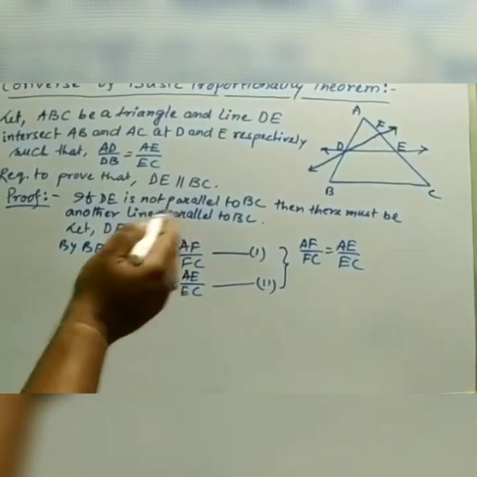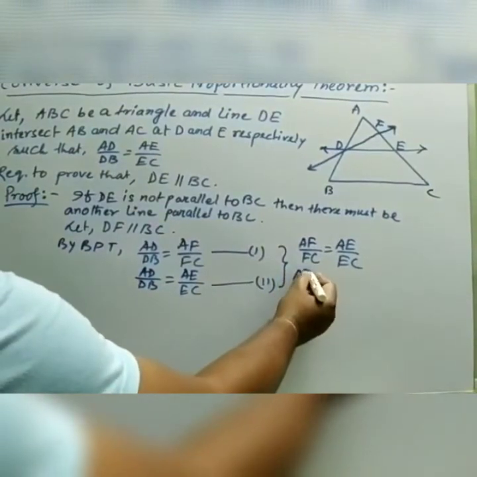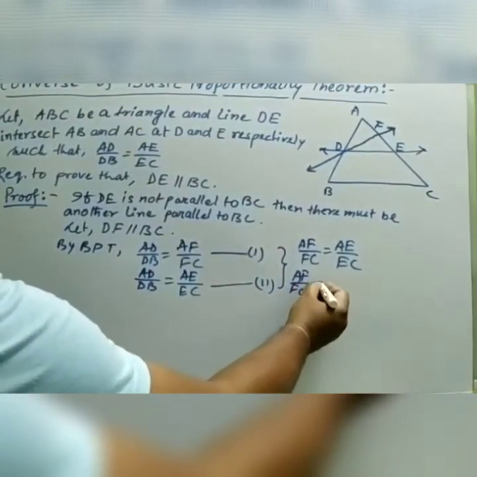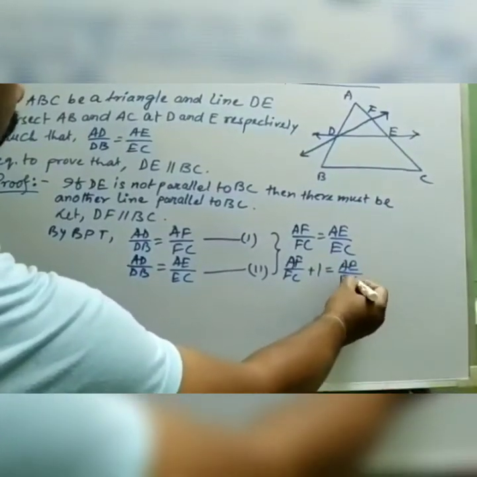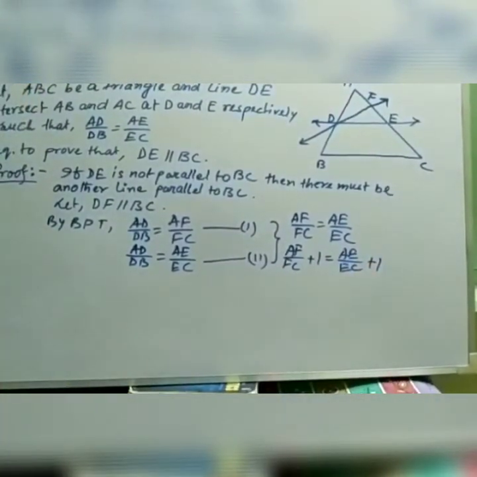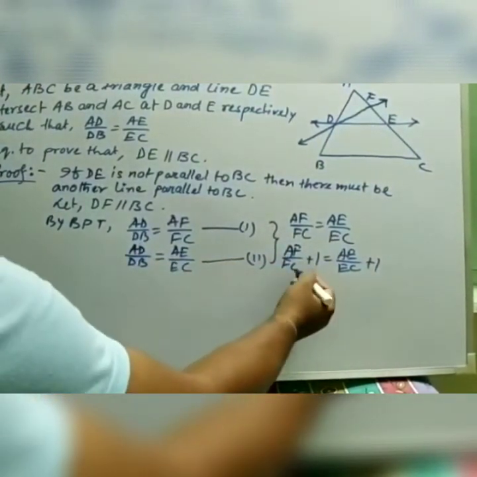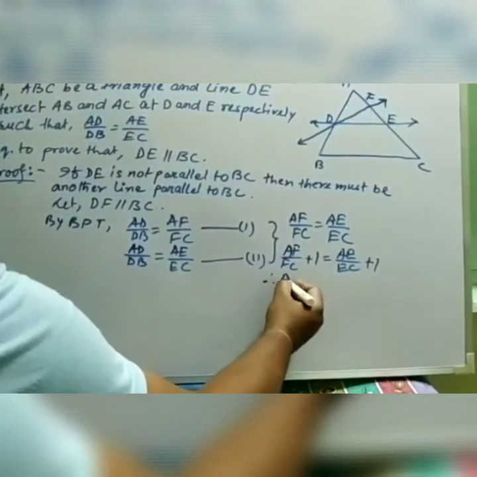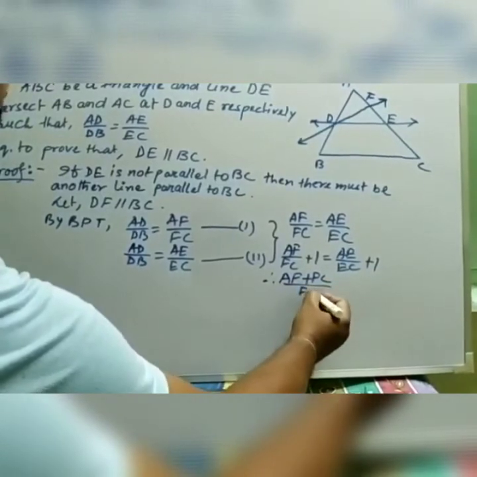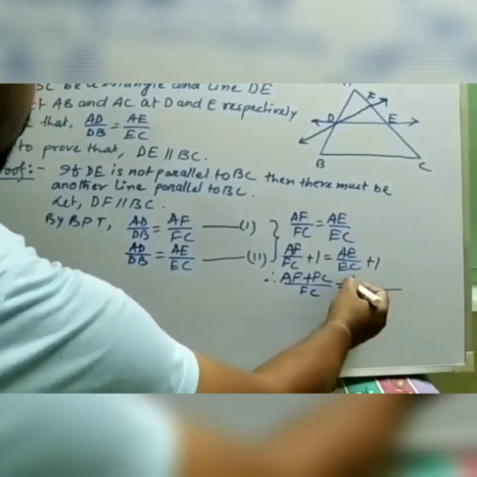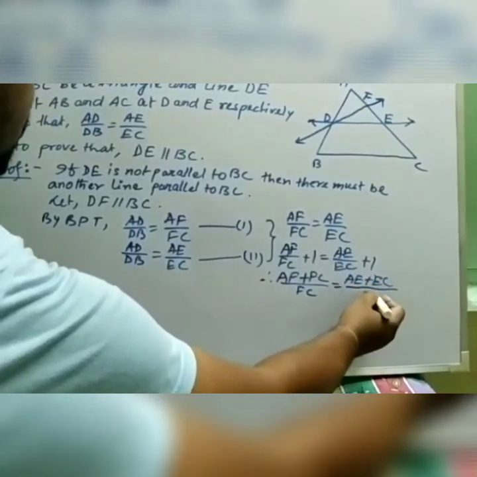Now we will add 1 to both sides, and this will give AF by FC plus 1 equals AE by EC plus 1. Now we do the simplification by the algebraic method. FC is the LCM, so it becomes AF plus FC by FC equals AE plus EC by EC.